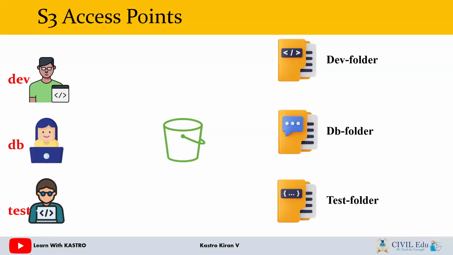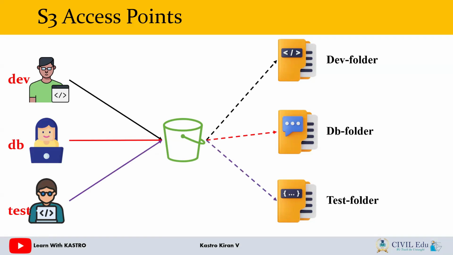For those two IAM users, I have given access to only the specific folder available in a single bucket. So I hope we have achieved the intention of working with access points by giving a specific team access to a specific folder. This is all about the concept of access points.